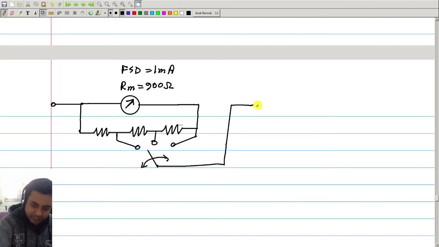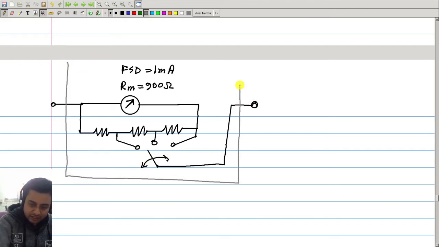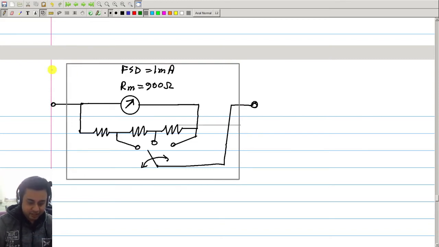This is a movable key and this is the other terminal. So this is my entire meter. Let me call this R1, R2 and R3.